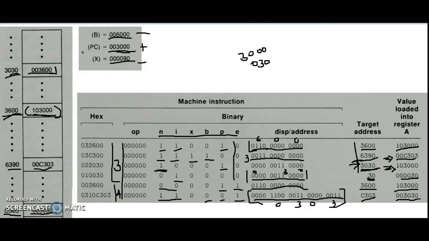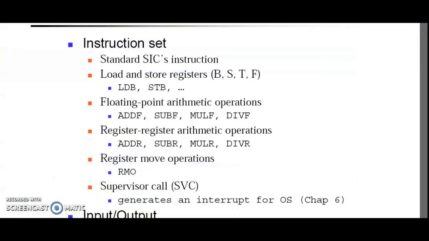Next we need to learn about the instruction set. We know that different registers are there, so the instructions will also be different. Since we are making use of B, S, T, F registers, we have the instructions LDB, STB. In case of SIC, we had LDA, STA.